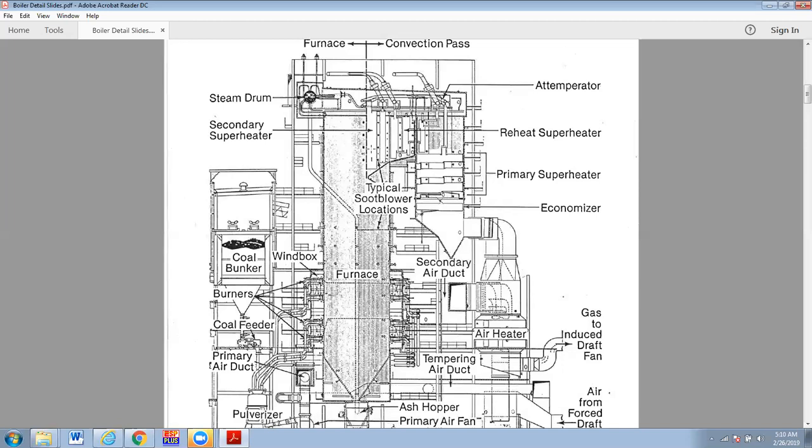We'll talk more about coal characteristics, but different coals have different ash softening temperatures and melting temperatures, and they talk about ash fusion temperatures. If that coal has a low ash softening temperature and you get to that temperature, it makes those ash particles sticky, kind of gummy, and that'll slag up something terrible.